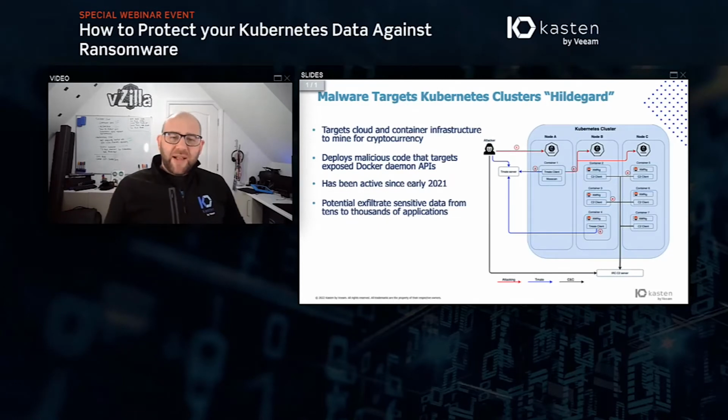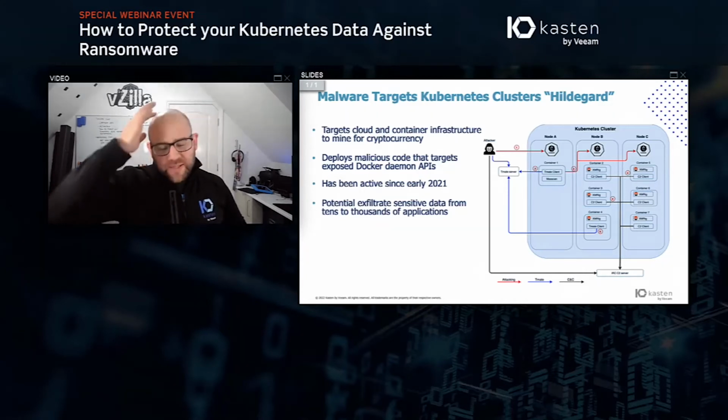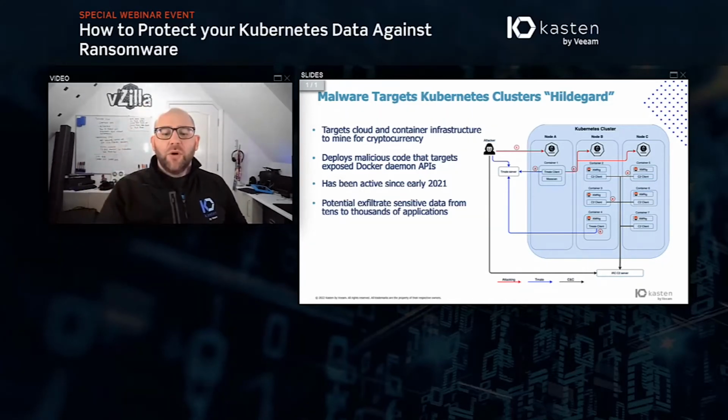But now flipping back to Kubernetes-focused malware, and we're going back to the beginning of 2021. Again, we don't necessarily see in the news, when a company has been attacked, what the underpinning hardware is and what it's doing. One particular malware we've seen quite a lot of is called Hildegard, which targets cloud and container infrastructure to mine cryptocurrency.